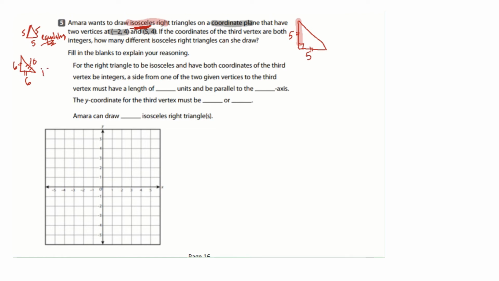So you have to know what this is, isosceles. And then the other type of triangle is a scalene triangle. That's when none of the sides are equal. So let's draw an obtuse triangle where none of the sides are equal. Let's say this is 4, this is 7, and let's say this is 12.